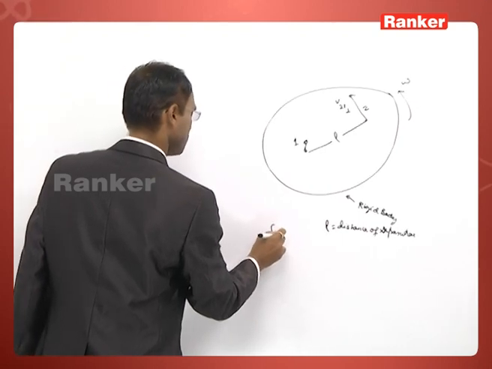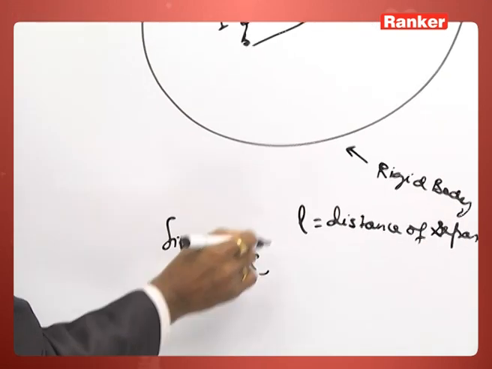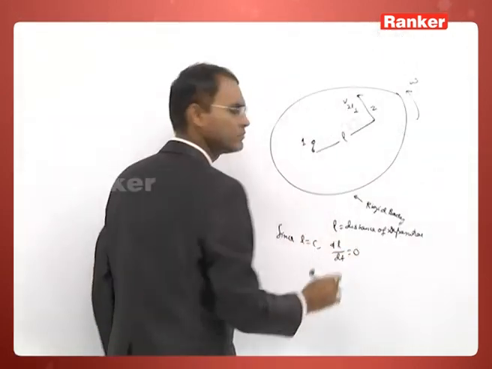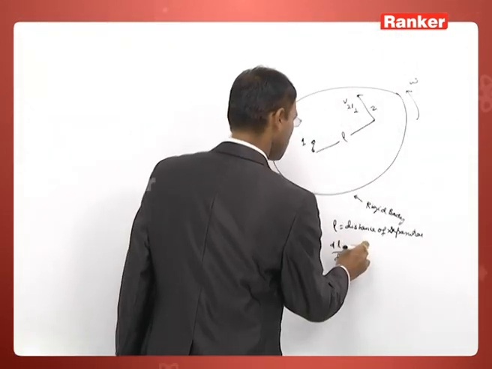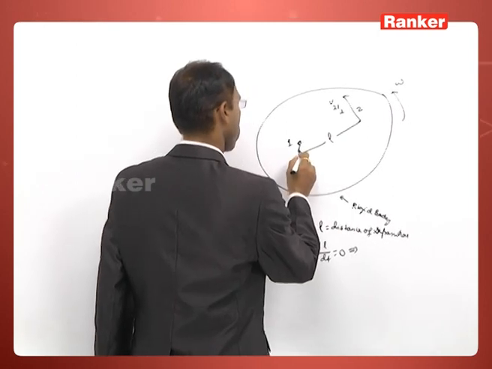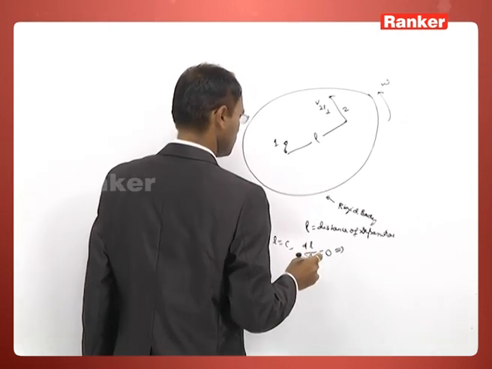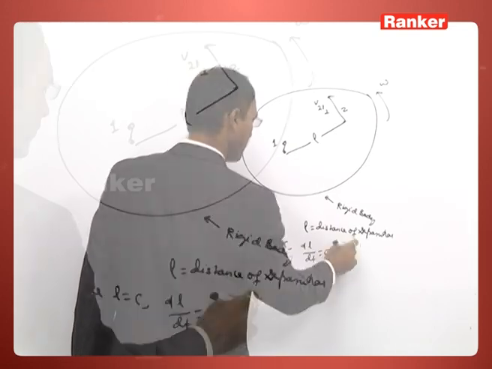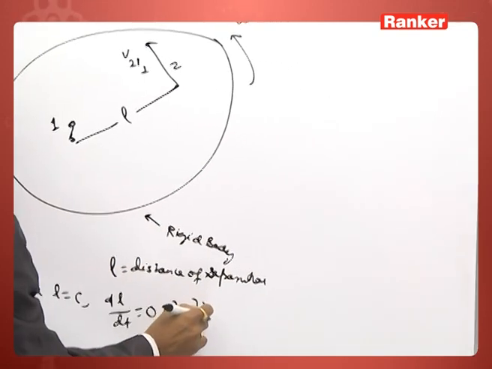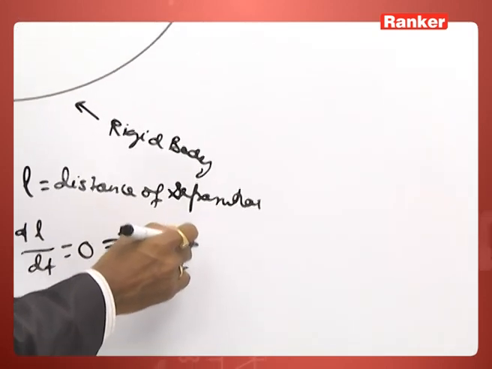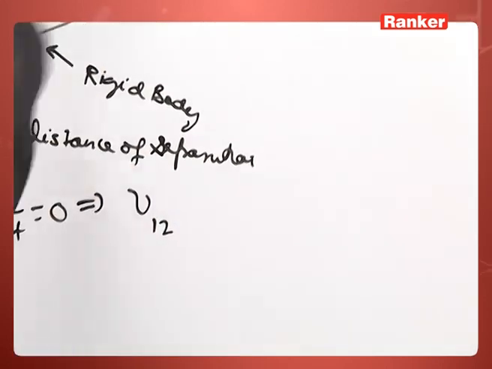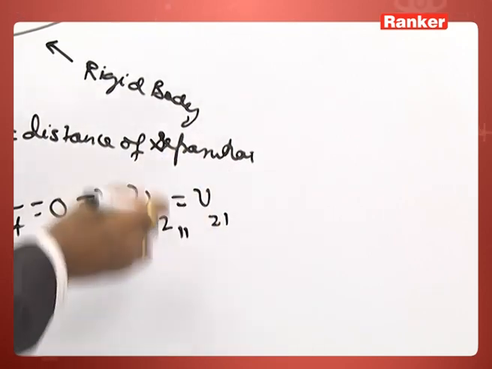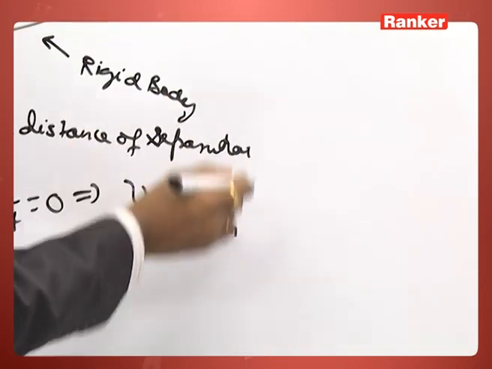Since L is a constant quantity, dl by dt is 0. As you discussed, this quantity is the velocity of 1 with respect to 2 along the line of separation, or velocity of 2 with respect to 1 along the line of separation.